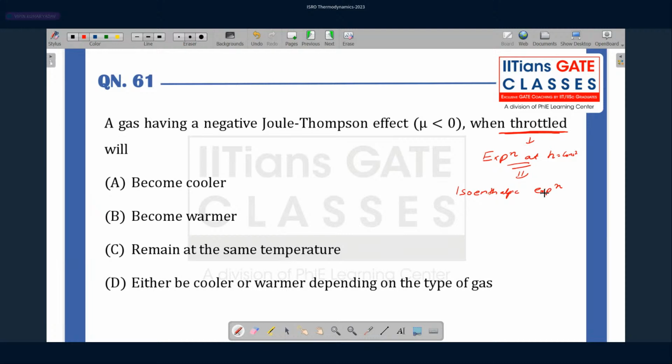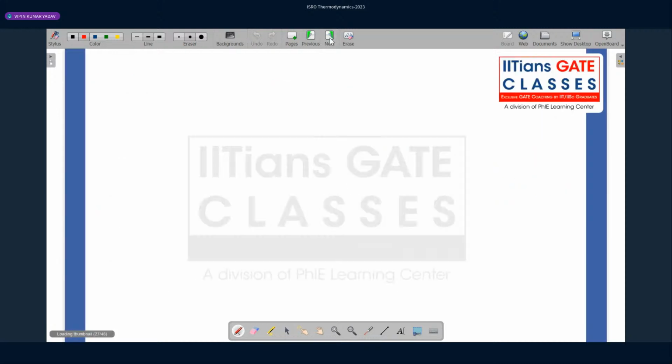I hope that you all have seen the Joule-Thomson coefficient diagram. So let's see what the diagram is. You draw temperature and pressure with constant enthalpies.